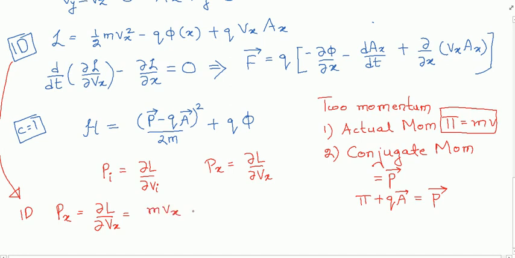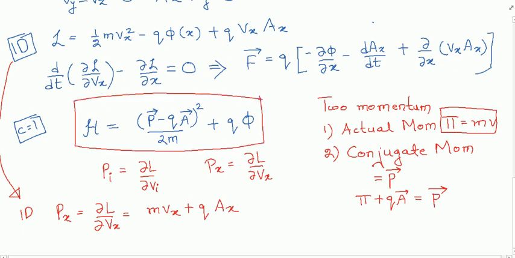The second term is independent of velocity, and from this one you'll get q ax. You see? Okay. So now you can use this Hamiltonian, plug it into the Schrodinger equation, and then you will have a Schrodinger equation of a non-relativistic particle in an electromagnetic field.